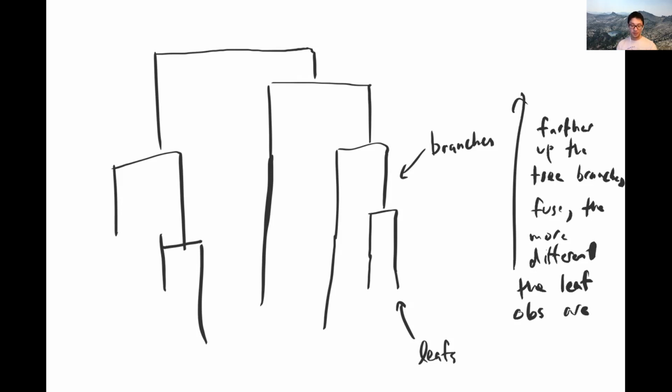And so if the endpoints are the leaves, I can decide to make a cut here. And if I cut right there, then I can divide my points into 2 clusters. Right? Because I've got this cluster and this cluster.